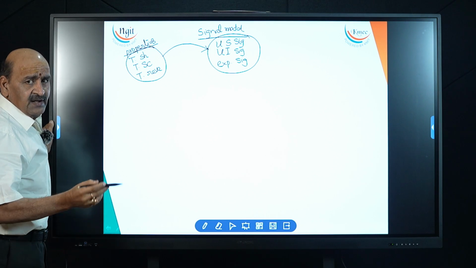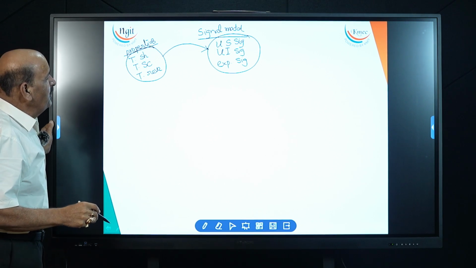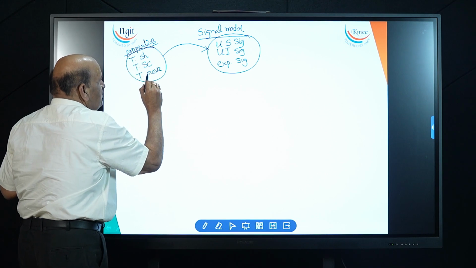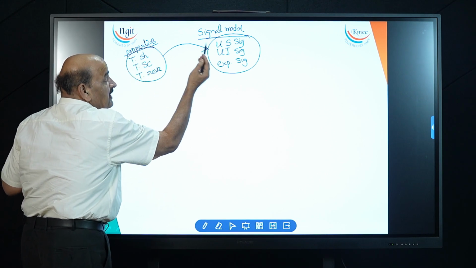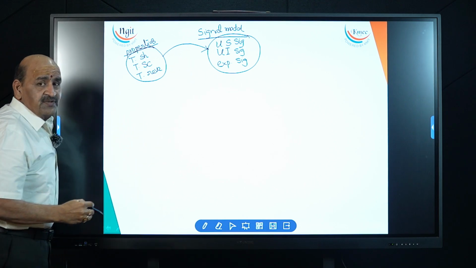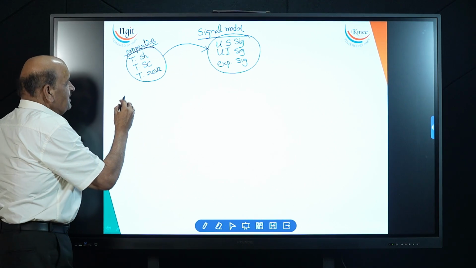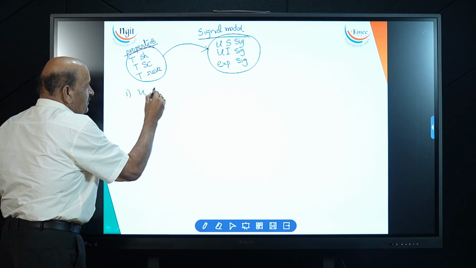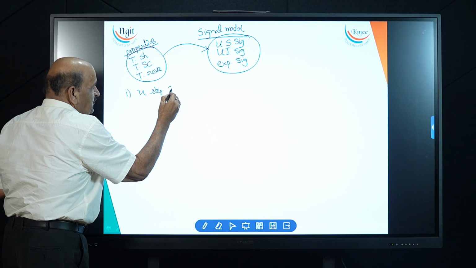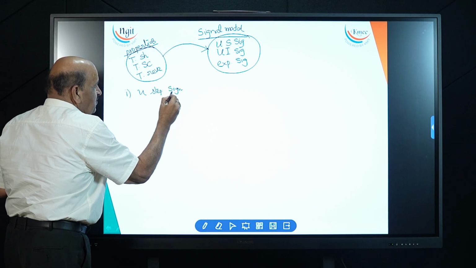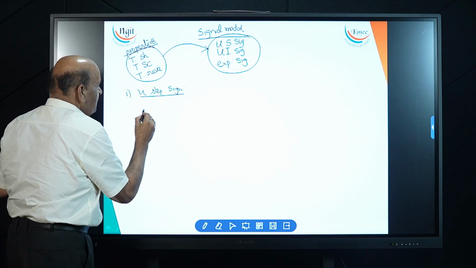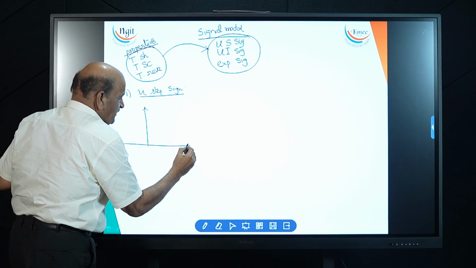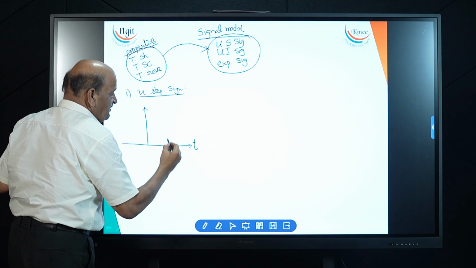Now look at the different sketches or models you are going to get by applying one or two important properties on signal models. For example, look at the unit step signal. What is the unit step signal for a continuous time signal?